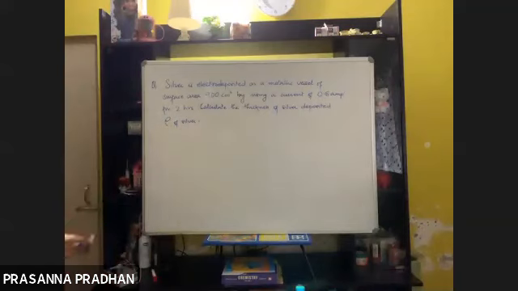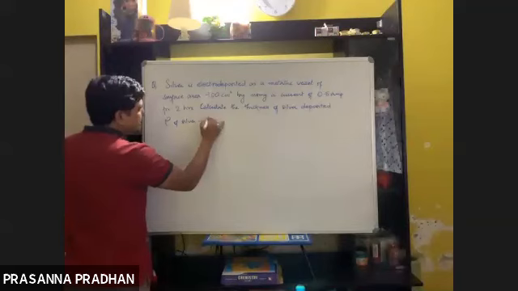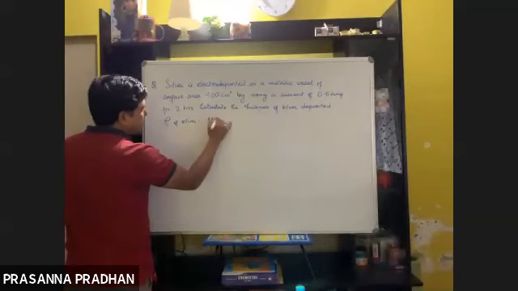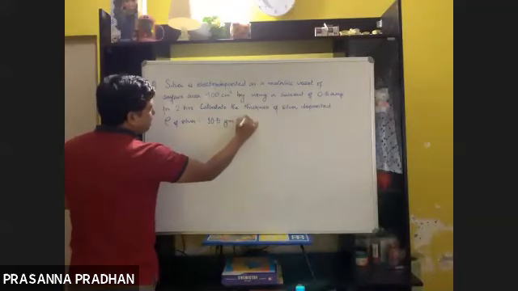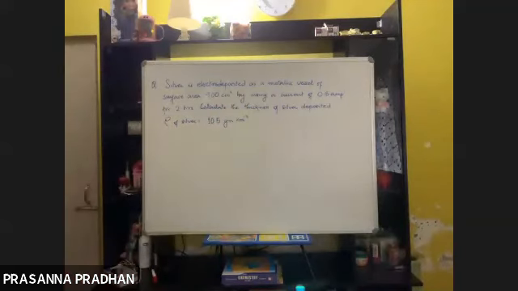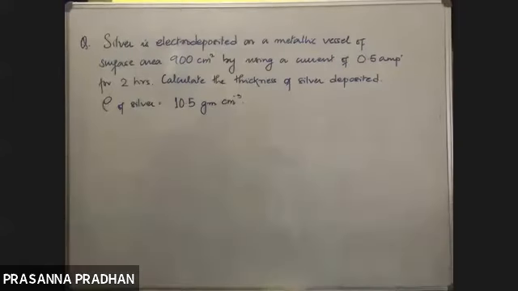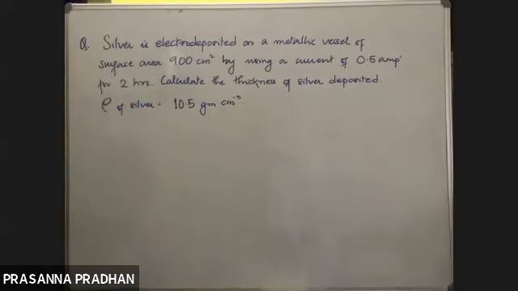Density of silver is given out to be 10.5 gram per centimeter cube. So this is the density of silver which is given.